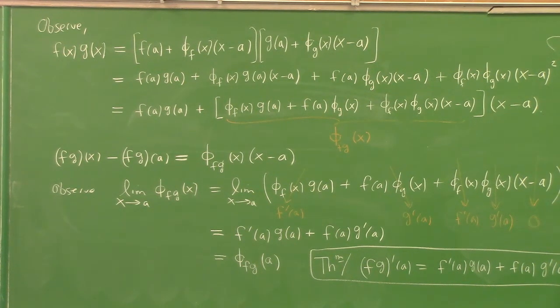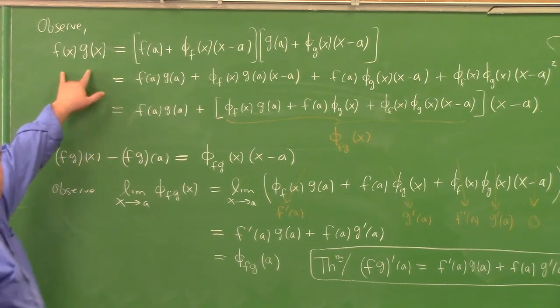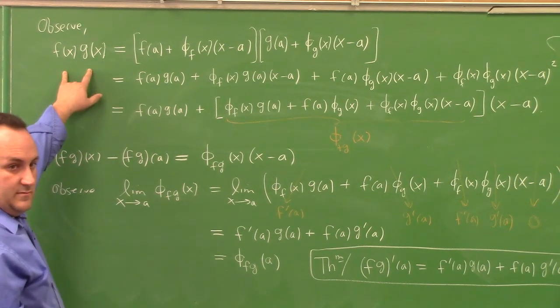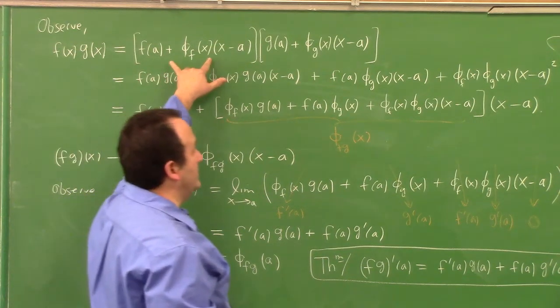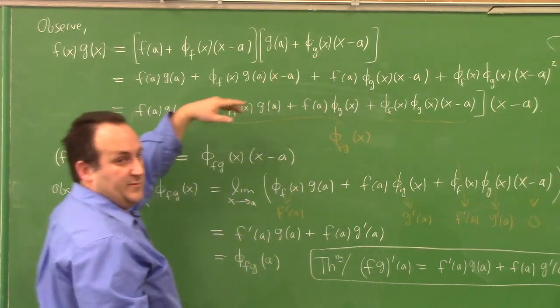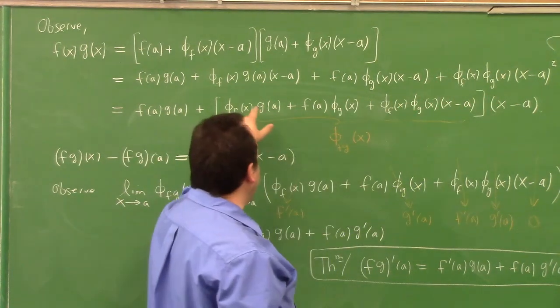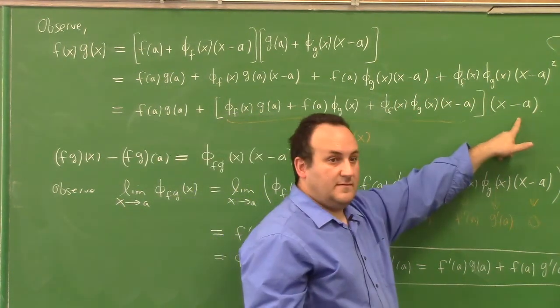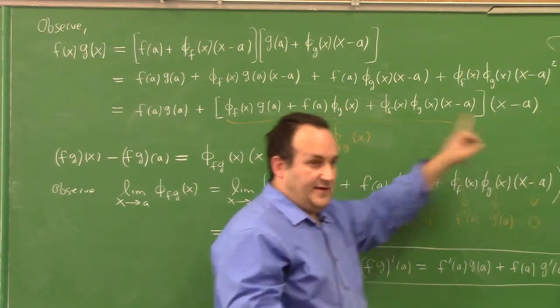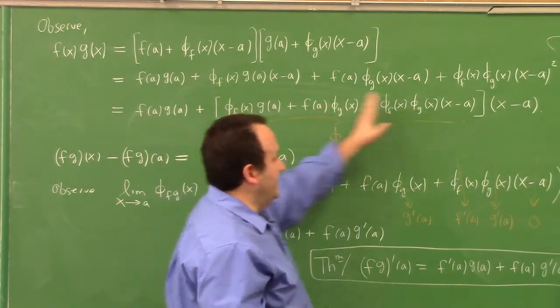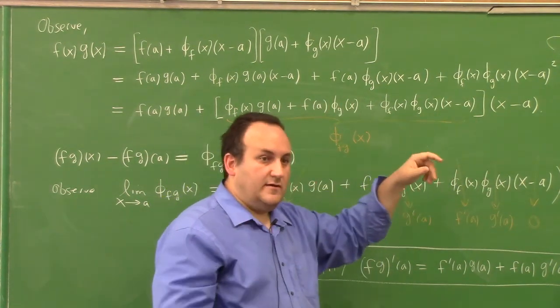Then I took f of x times g of x and multiplied it out. It gave me 4 terms, 3 of which I was able to factor an x minus a out of.